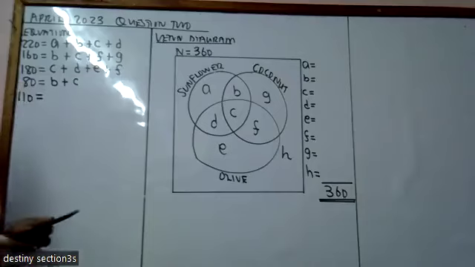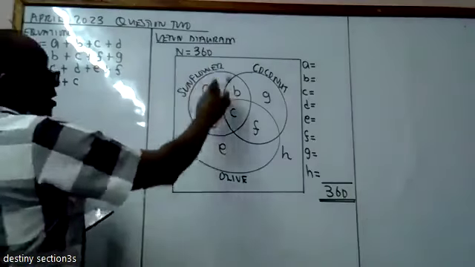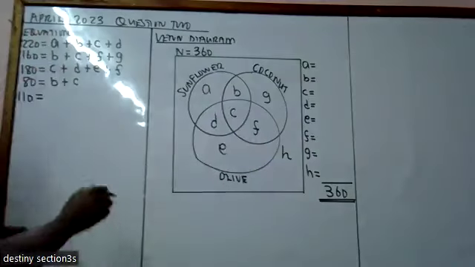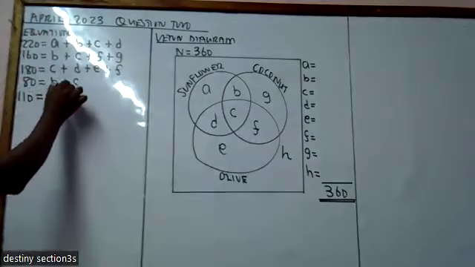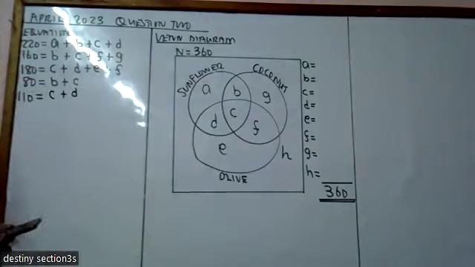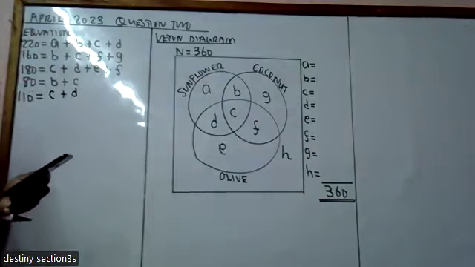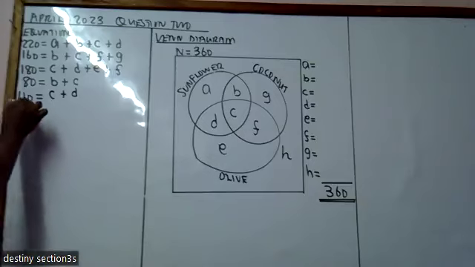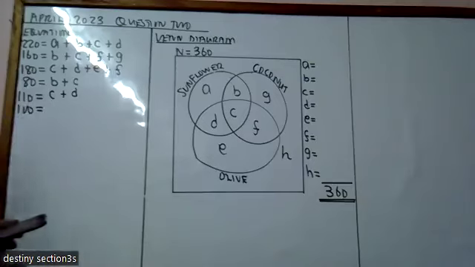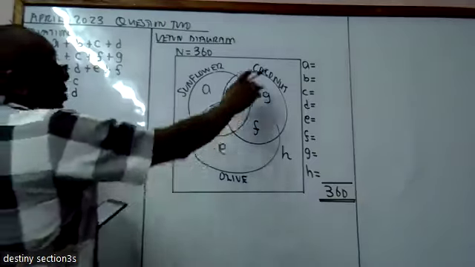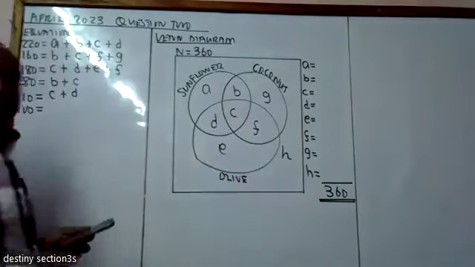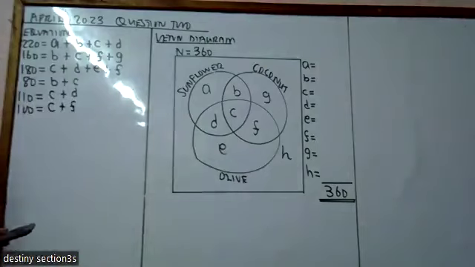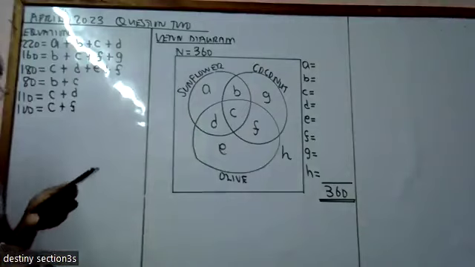So where sunflower meets olive, that is C plus D. And then 100 preferred coconut and olive. So coconut and olive, that is C and F. So C plus F.